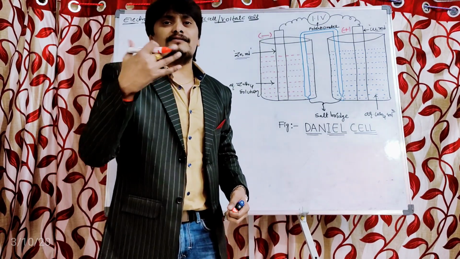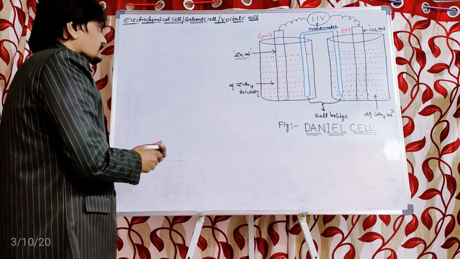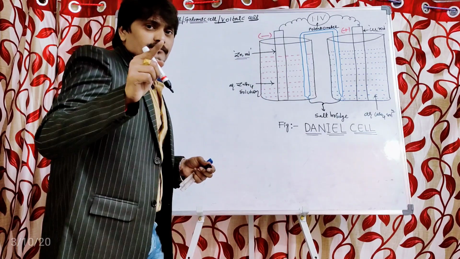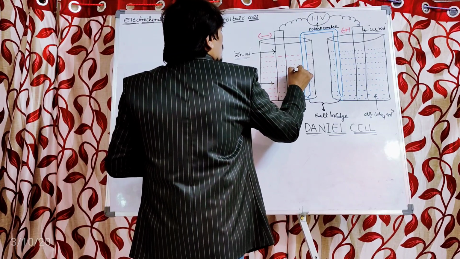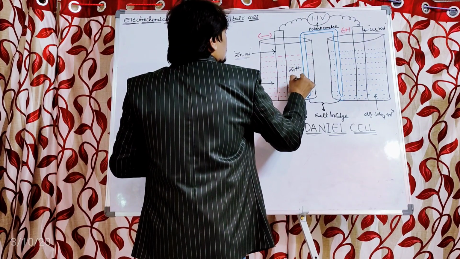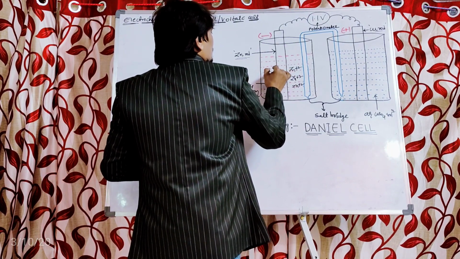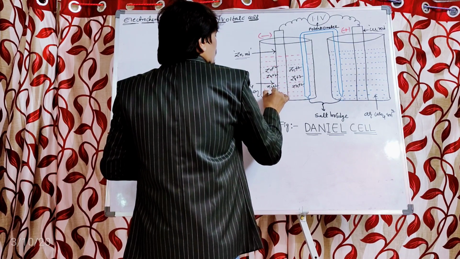Why is it so? Whenever the zinc rod is undergoing oxidation, it is pushing out Zn2+ ions.